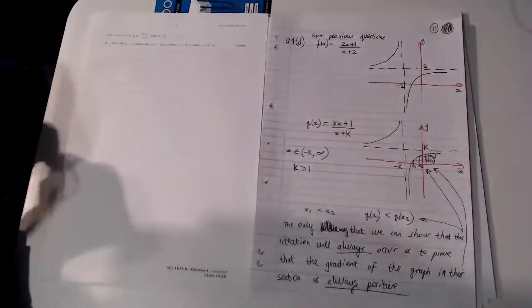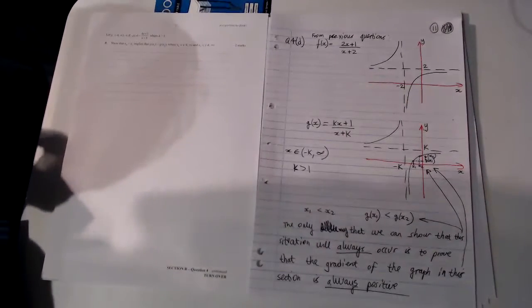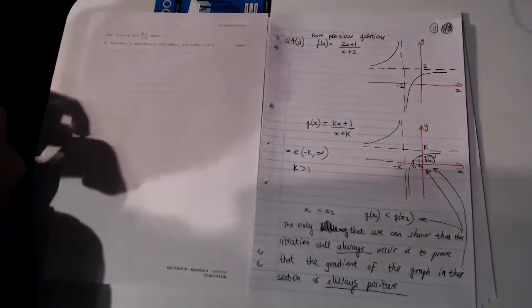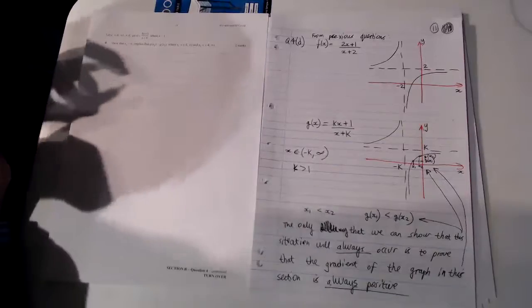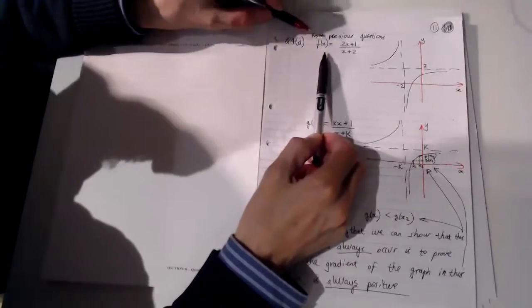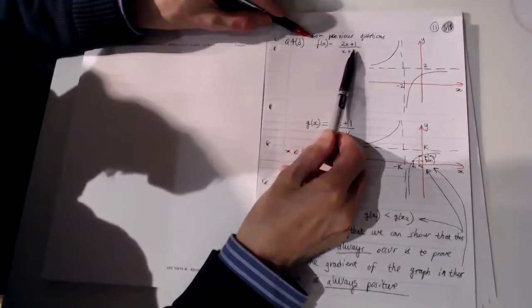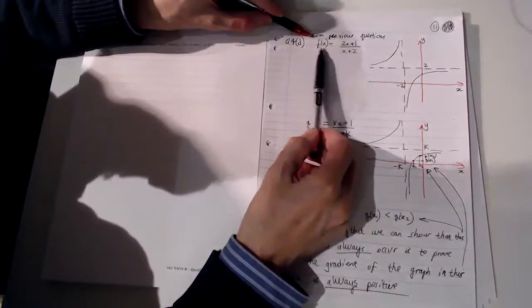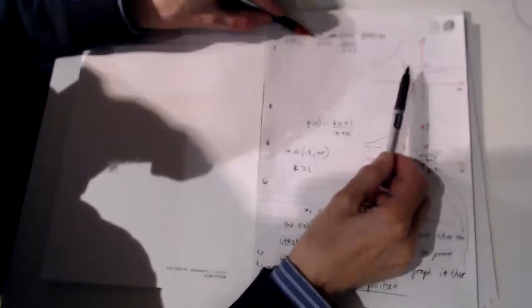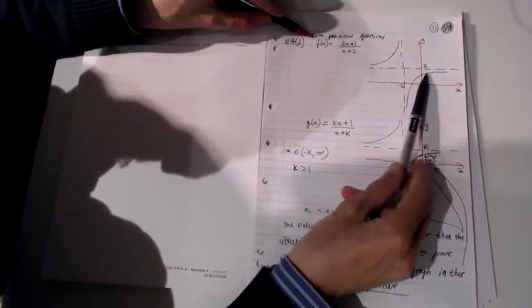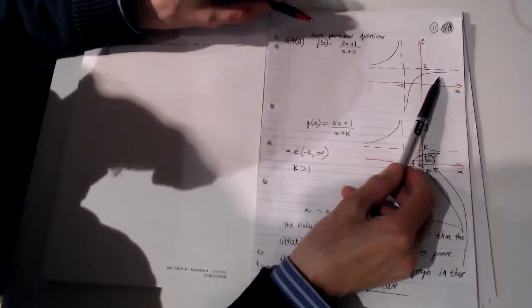From the exam report, you could see that many students found question D a bit difficult. How do you do question D? Well, you take the following approach. We know that f(x) equals (2x + 1)/(x + 2), and when we graph that, we get a vertical asymptote at -2 and a horizontal asymptote at y equals 2.